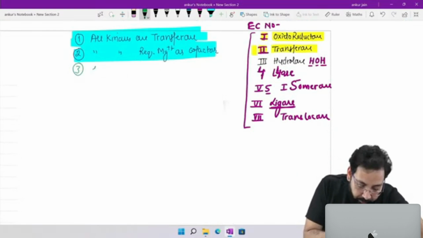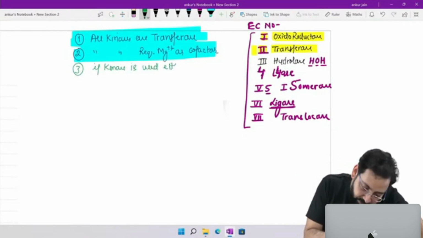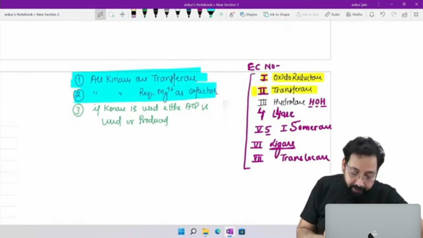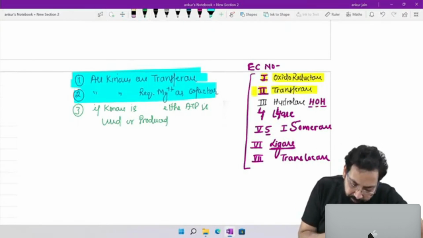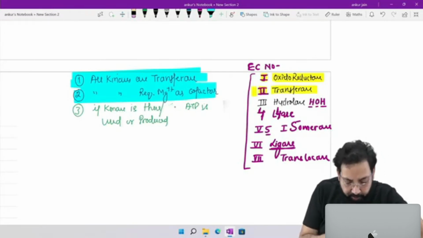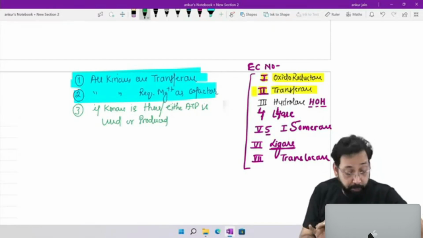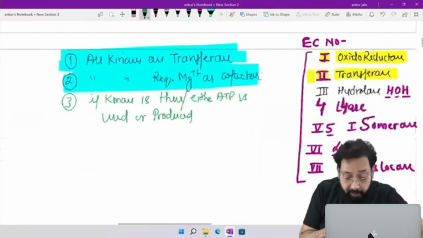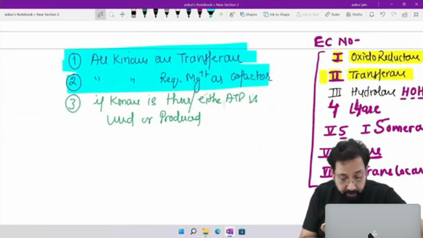Third thing: if kinase is there in any reaction, either ATP is used or produced. To avoid confusion, in any reaction, if you find kinase, either ATP is used or produced.